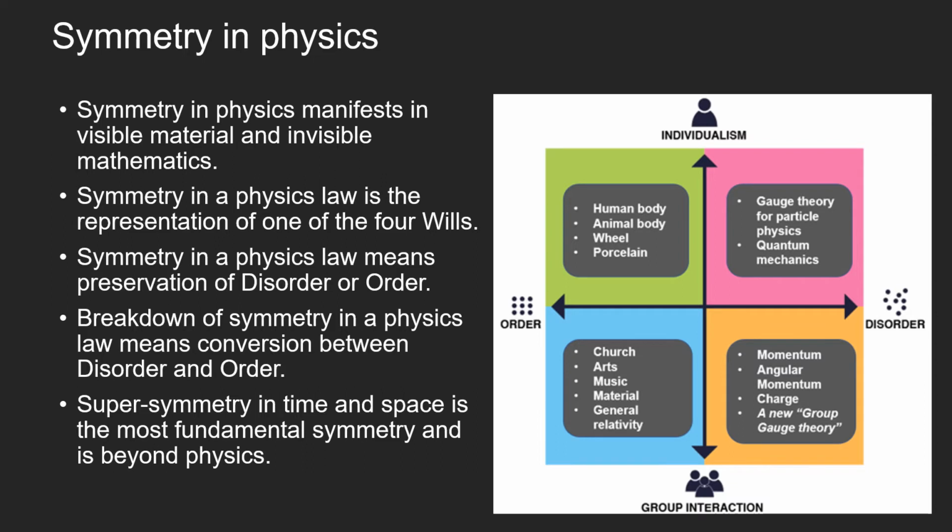For instance, symmetry in a will is the representation of its will of individual efficiency. It means preservation of the order of the will. The breakdown of the symmetry means the loss of the existing order of the will.